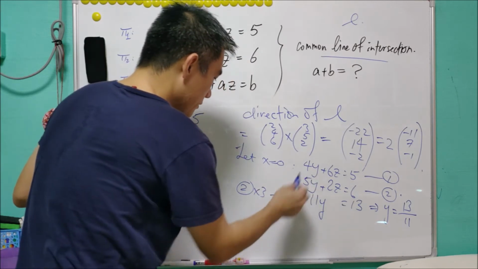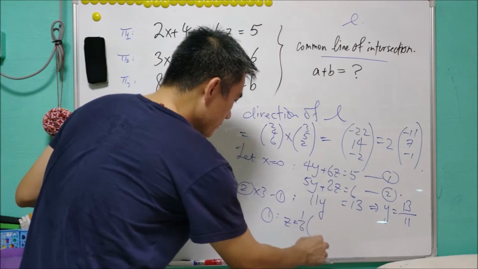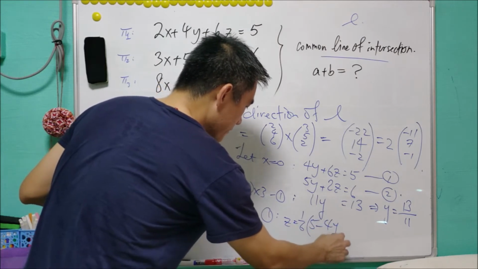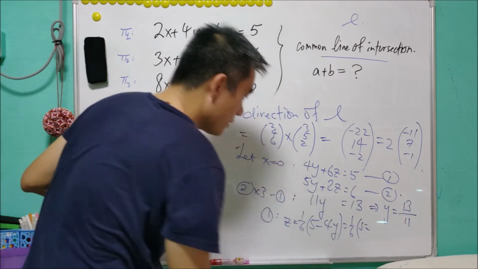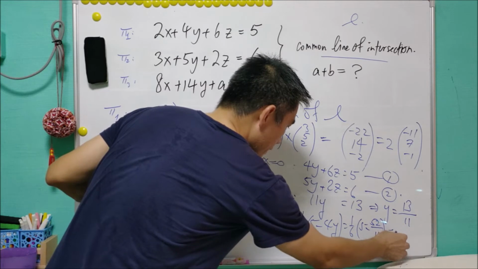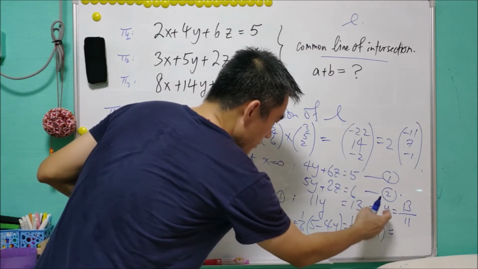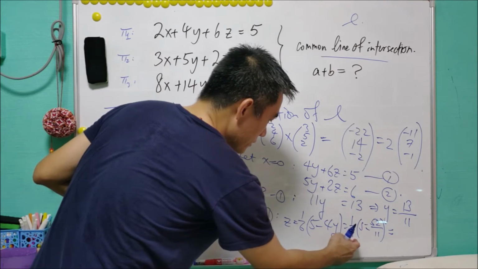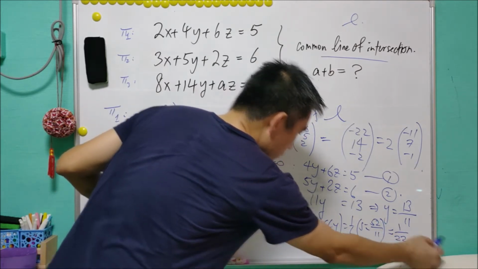So from equation 1, we know that z is equal to 1 over 6 times (5 minus 4y). So it's 1 over 6, 5 minus 52 over 11. And this is 55 minus 52, that is 3. 3 over 6, that is 1 over 2, so it is 1 over 22.